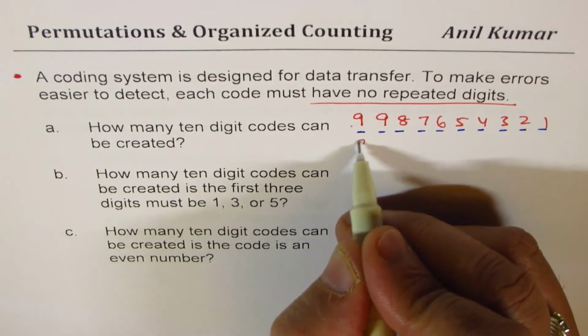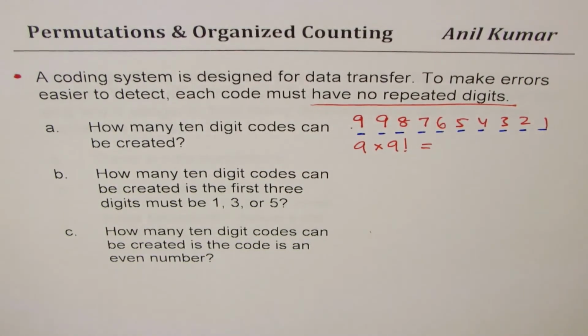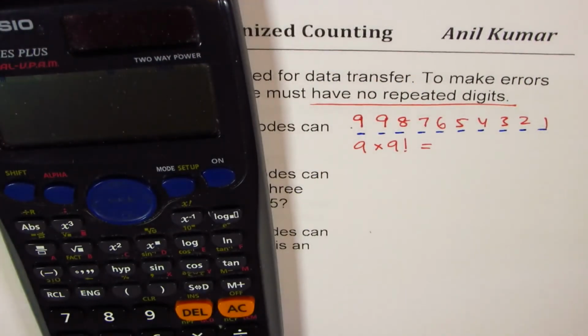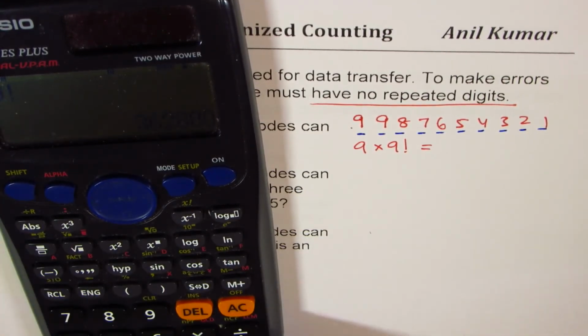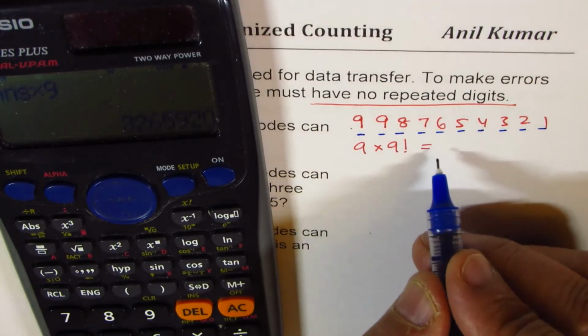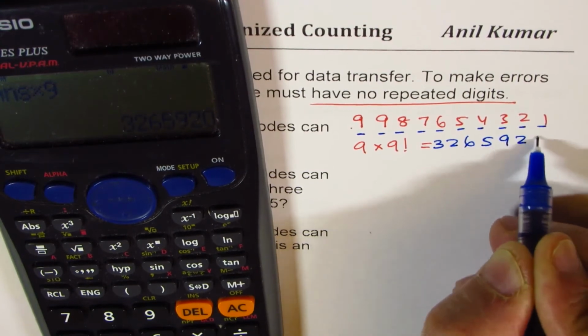So that gives us 9 times 9 factorial as our answer. Let's find out 9 factorial first, and then we'll multiply this by 9, and the answer is 3,265,920.